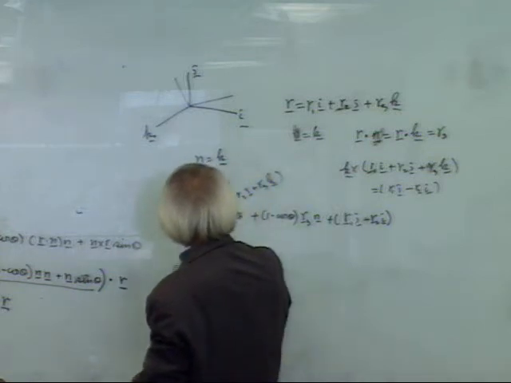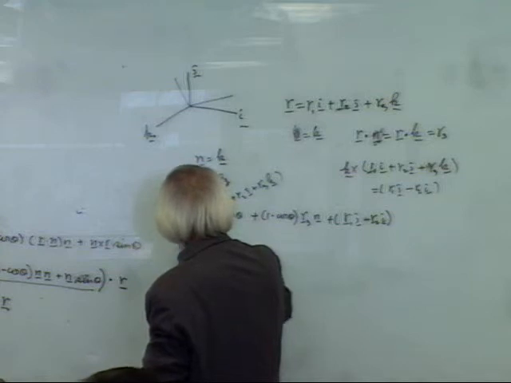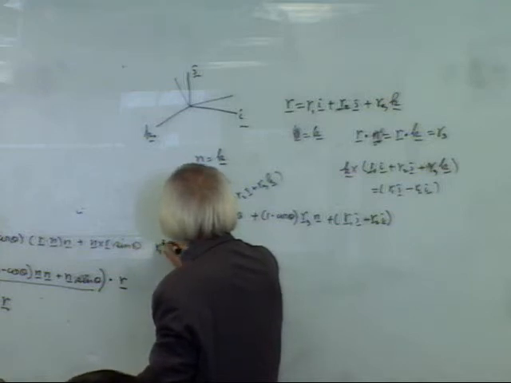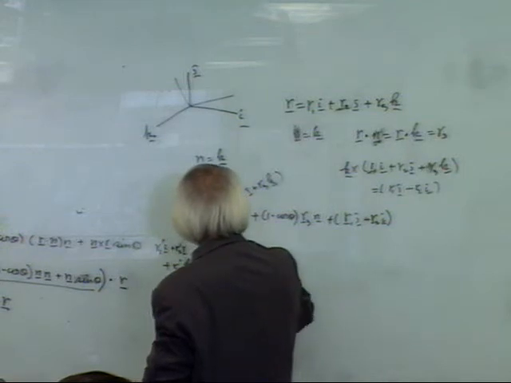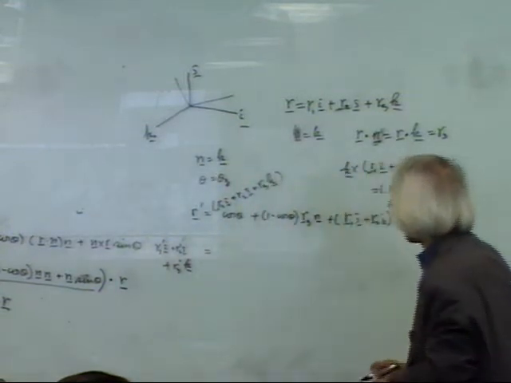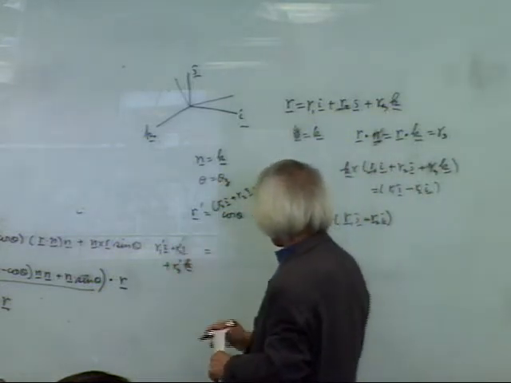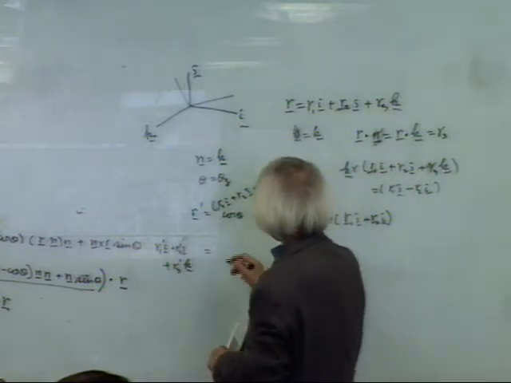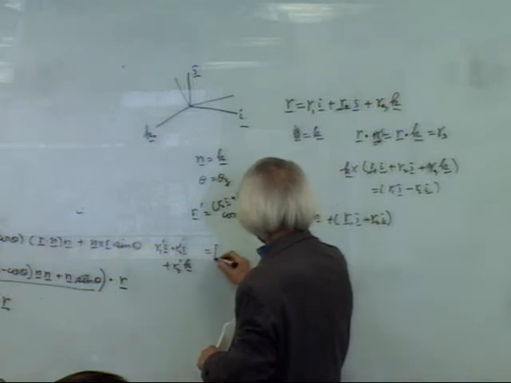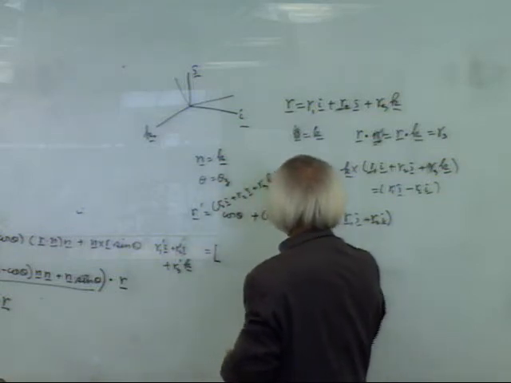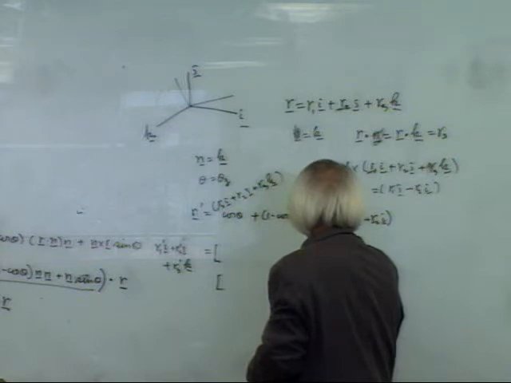That one I can write R1 prime I plus R2 prime J plus R3 prime K, okay? Or the other way around. So that means I, J, K.